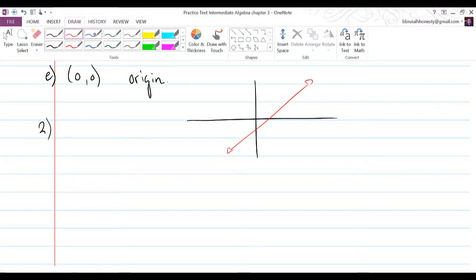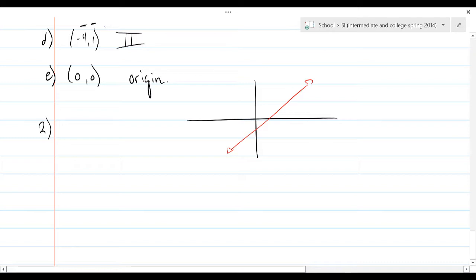An intercept is wherever the graph or line crosses the axis. For example, this is the y-axis, and where the graph crosses the y-axis, that's the y-intercept. What I want you to notice about the y-intercept is that the x value is 0. That can be said for every y-intercept. The x value of every y-intercept is 0.